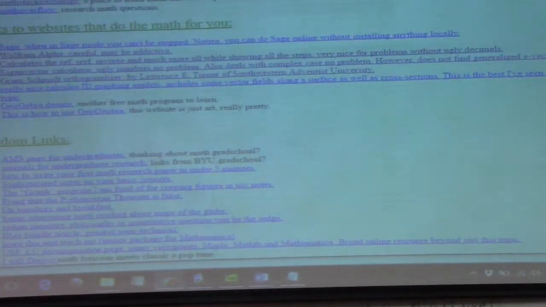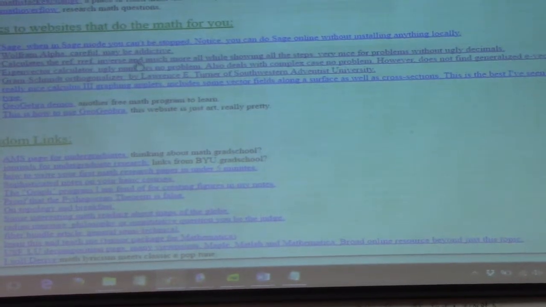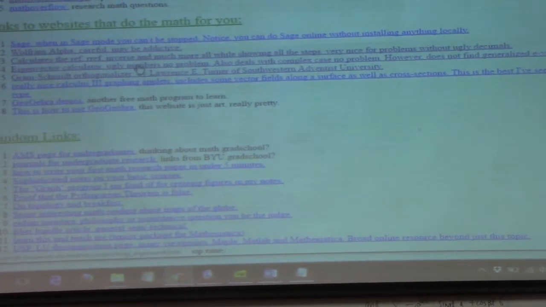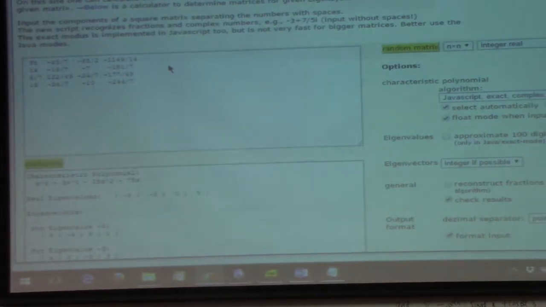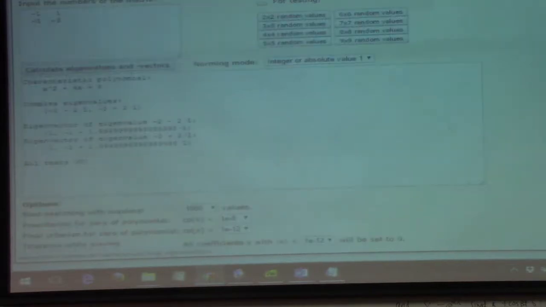Links to websites to do the math for you. It's like number 4. Eigenvector calculator, ugly numbers, no problem. I like this one. Anyway, so forget all that. Old version of this calculator. That's what I like.